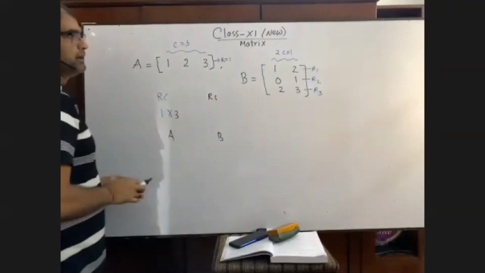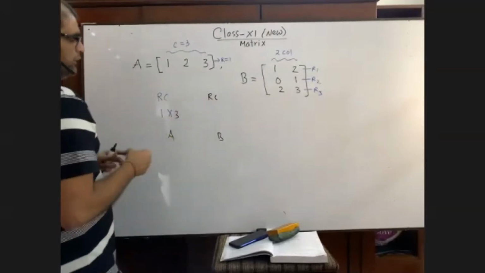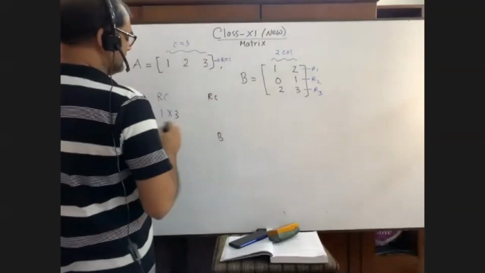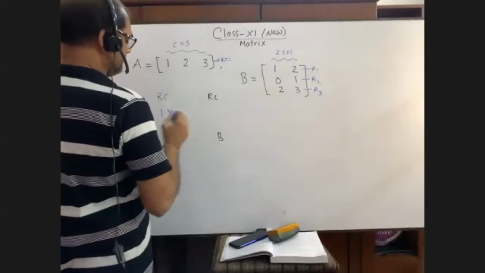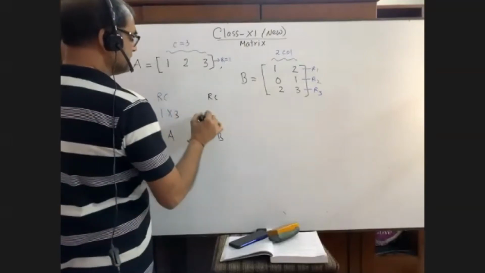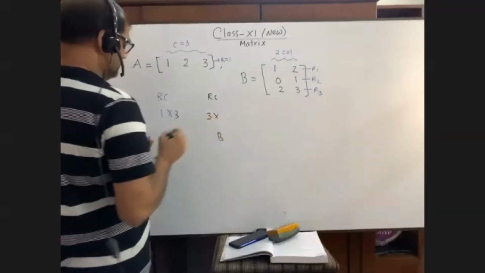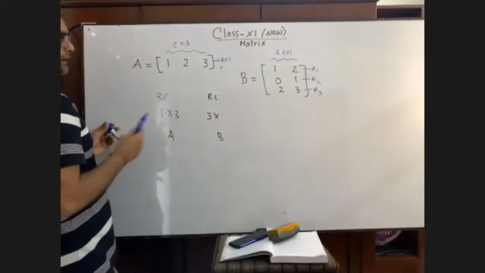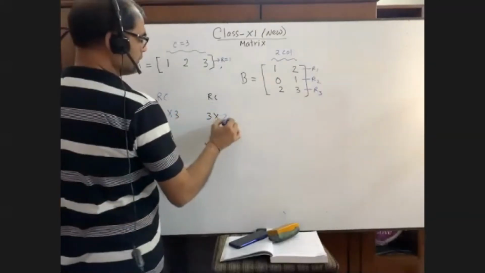For B, how many rows are there? There are 3 rows, so we write 3 into 2 columns.